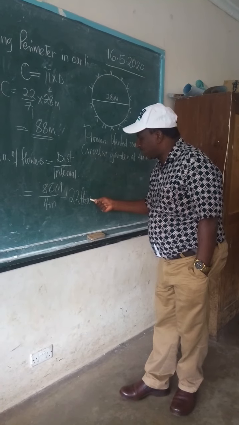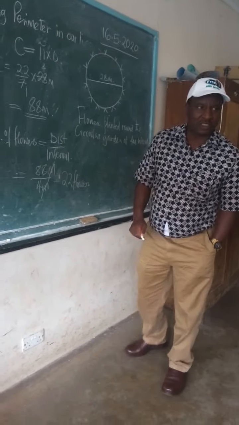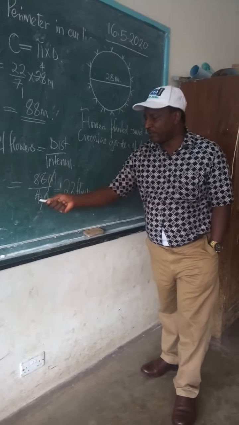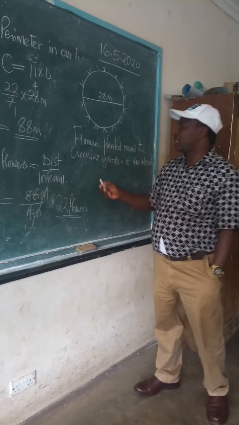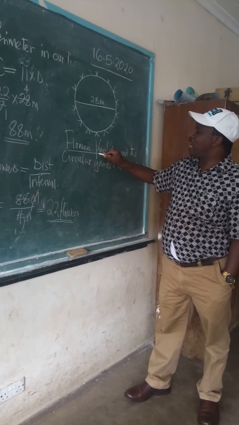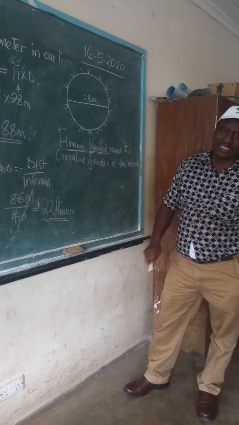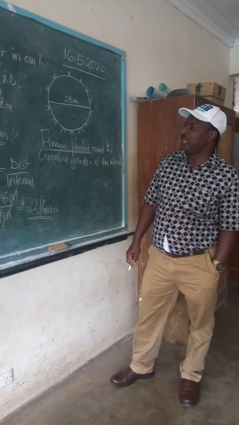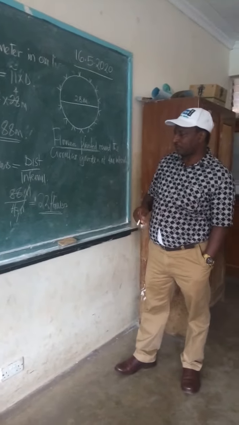Look at this: meter and meter cancel. So our end product is that we will have 22 flowers. Remember, the question was about flowers planted around a figure. What if, teacher, I say the answer is 22 meters? Will I be wrong?